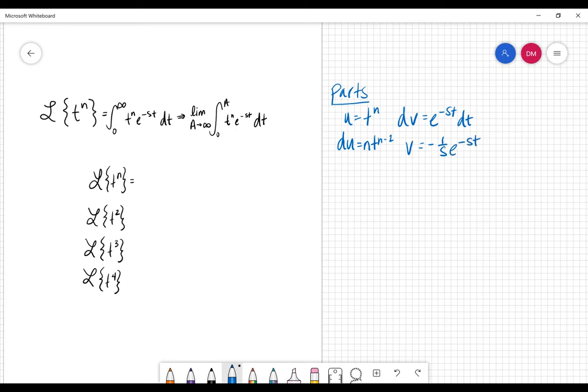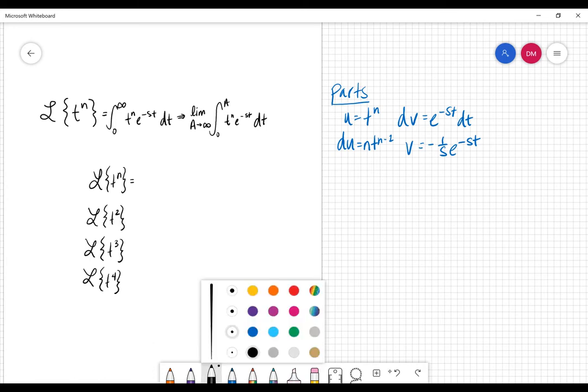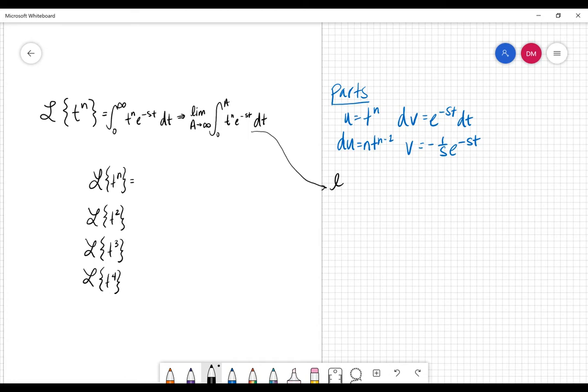All right, so then using the formula to integrate by parts, we get the limit as a approaches infinity of negative t to the n over s e to the negative st evaluated from 0 to a, minus our integral here.